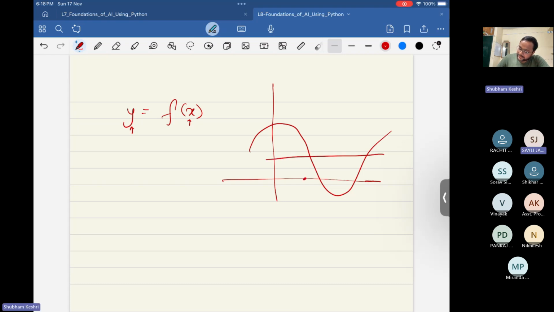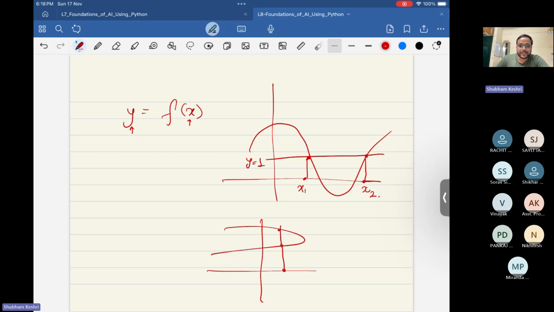Suppose this x gives y equals 1, and this x also gives 1, x1 and x2. But you cannot have one x giving two values. You cannot have a function like this, where one x gives you two y values. This is against the definition of a function.